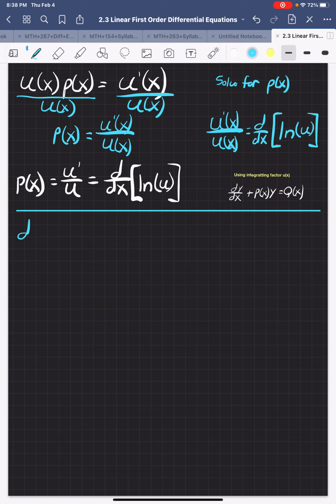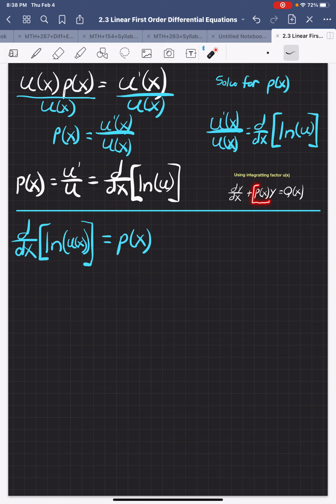We found out that the derivative of ln of u of x is equal to p of x, right? And remember, p of x is this function that's attached to y. So this right here can be represented as d/dx of ln of u. Okay, so at this stage, we're going to integrate both sides.